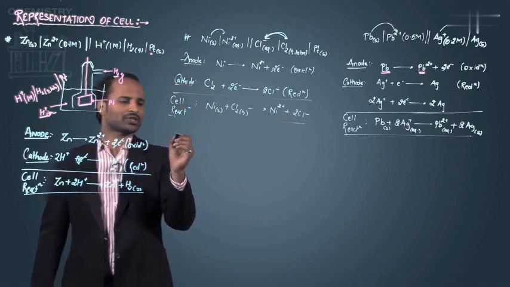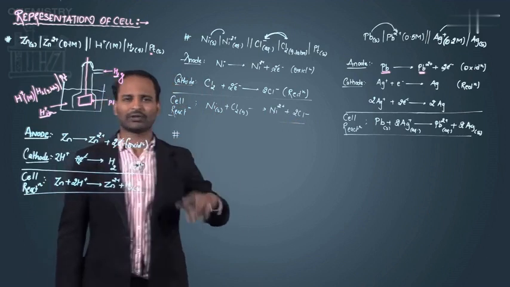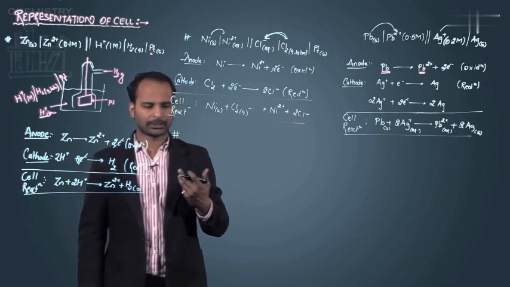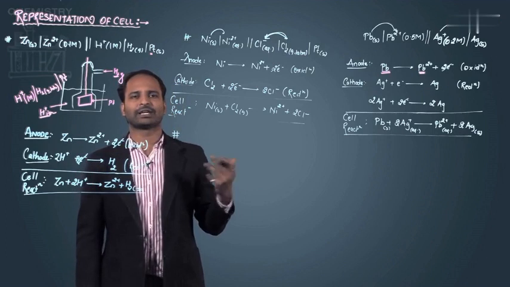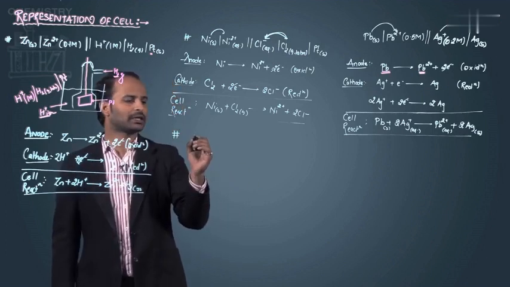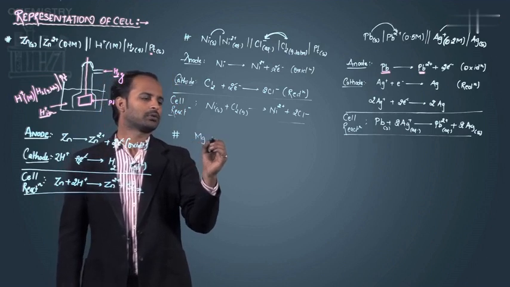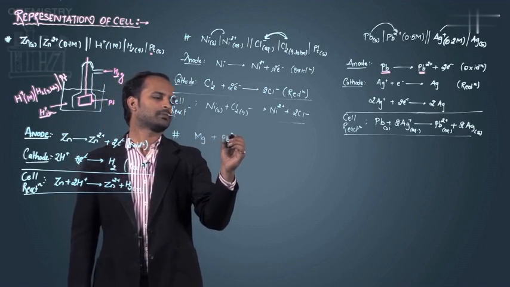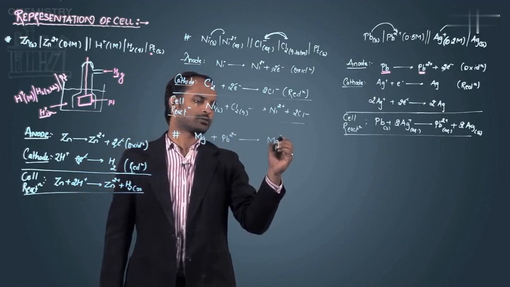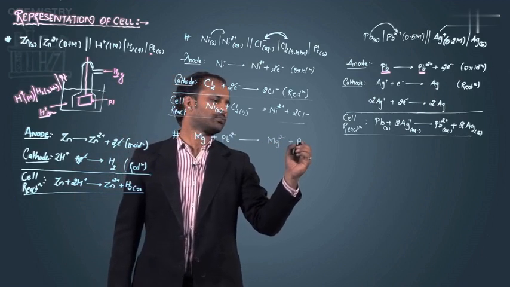Now the question may be like, they will give you the reaction and you have to write its cell representation. The example I can say magnesium plus Pb2 plus ion, which gives Mg2 plus and lead.